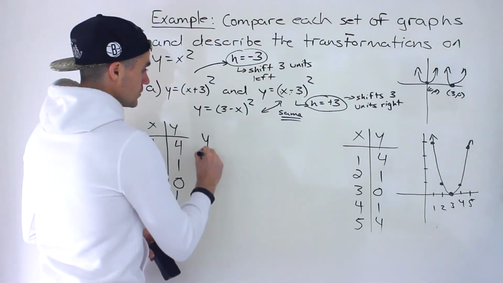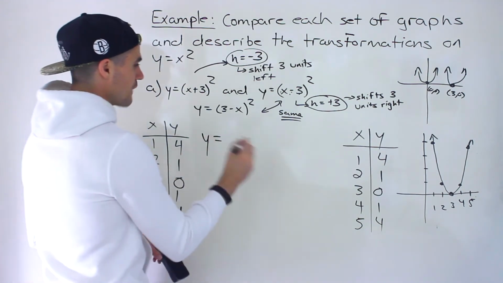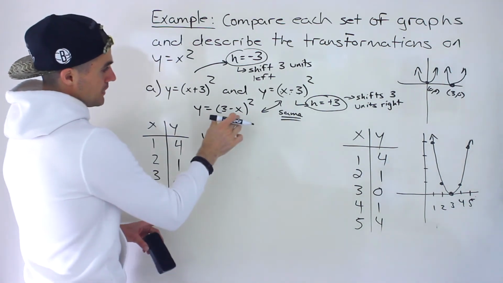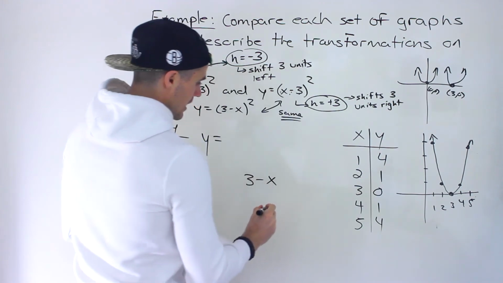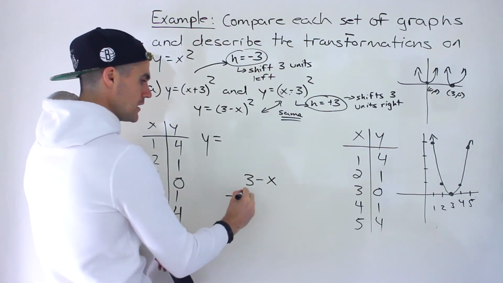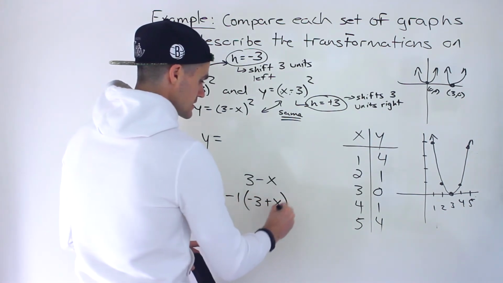Now, what we can do is there's something called factoring that we're going to go through in a future section. But this 3 minus x, what we could do is take out a negative 1 from it, and we could rewrite it as negative 3 plus x.